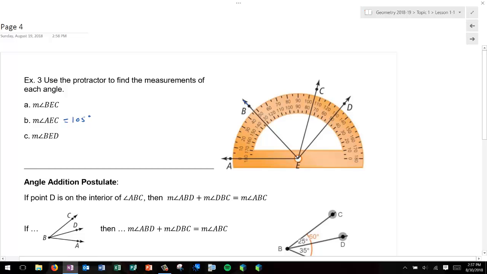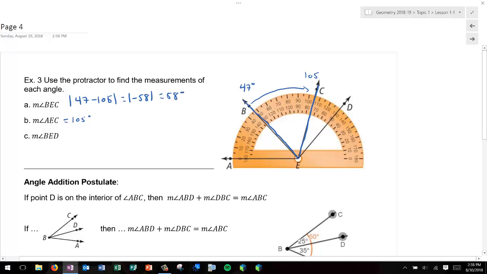So BEC, it appears that it starts at, let's say, 47 degrees, and it continues all the way up to 105 degrees. So to figure out our angle there, it's the absolute value of 47 minus 105. And that is going to give us the absolute value of negative 58, which is 58 degrees.